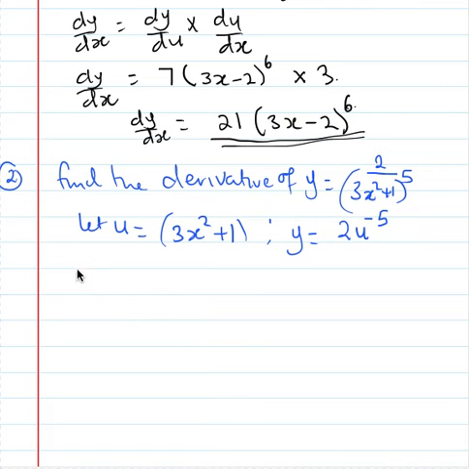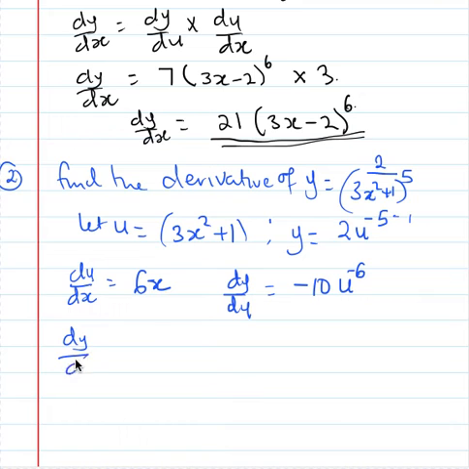Let's start. du/dx, applying the power rule and the scalar multiple rule, we get 6x, and the 1 becomes a 0. dy/du here will be negative 10u to the power negative 6, because here we subtract a 1, so we get negative 6, and negative 5 multiplies 2 to give negative 10. So dy/dx will be dy/du times du/dx.